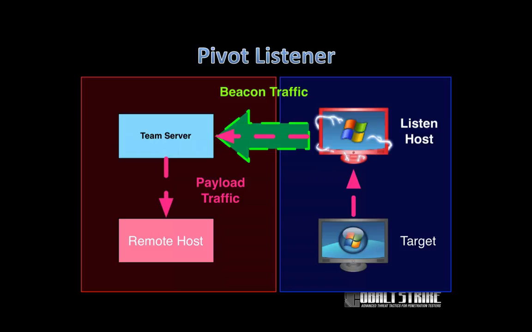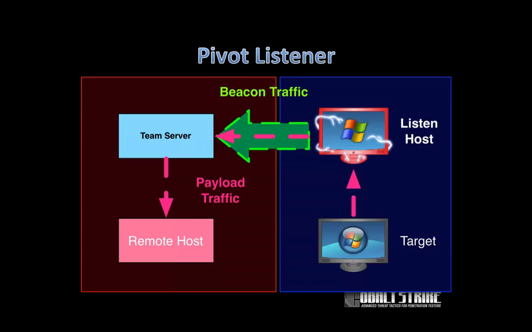We have the remote host in red space that is listening on the remote host and remote port that we set. Okay? We have a compromised system in blue space that is our listen host. We can attack a target in blue space and reference the pivot listener.